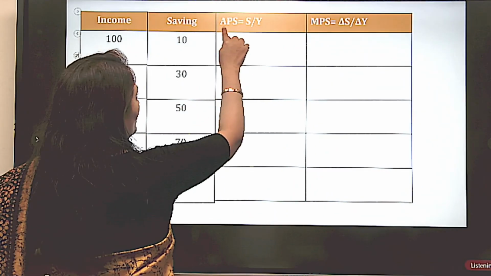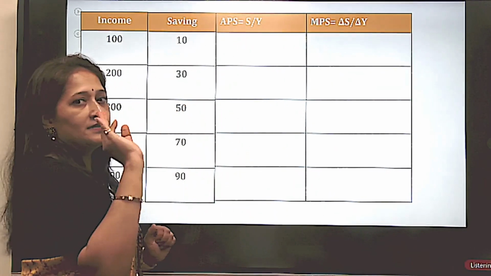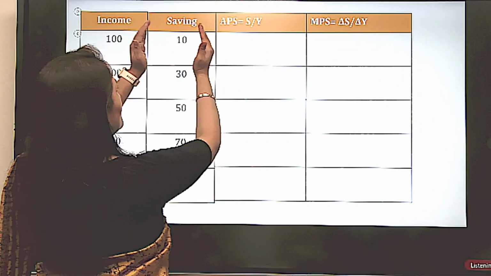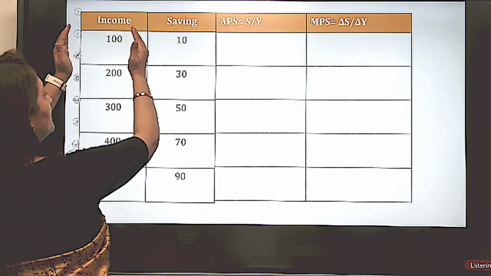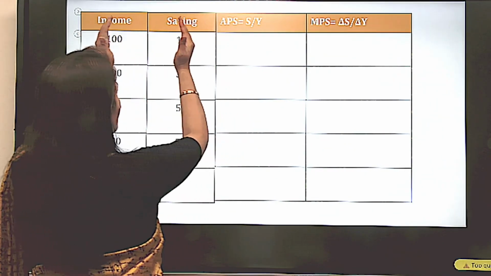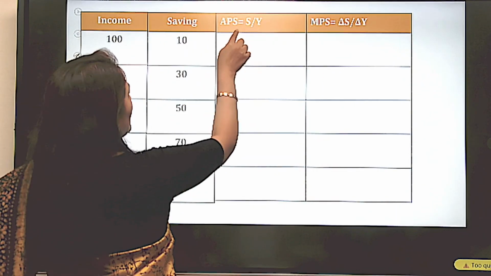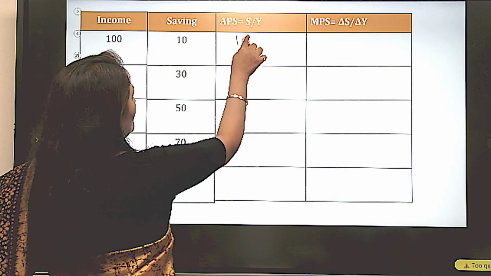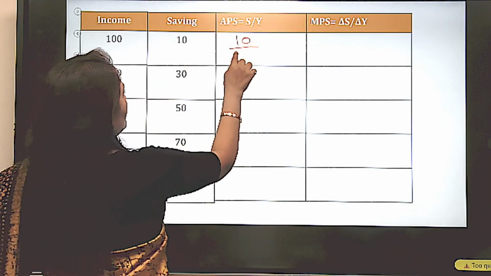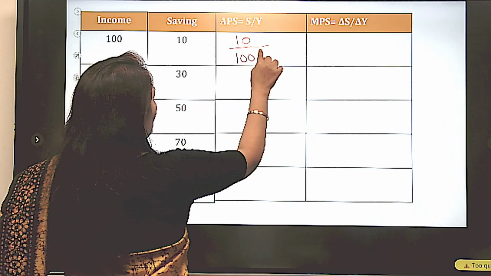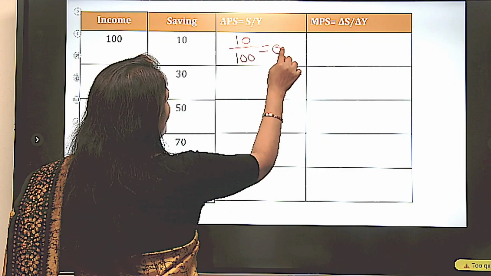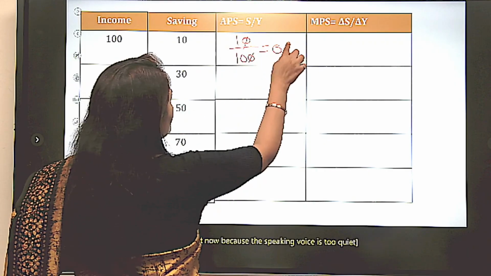So what is the APS formula? Current saving divided by current income. Total saving divided by total income. So I'm just putting the values into the formula. S is 10 divided by income is 100. Answer is 0, this 0 goes away, 0.1.